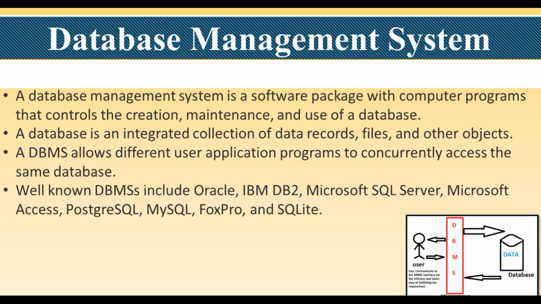We can consider an example. A particular software is meant for storing and maintaining data using a database. At the same time, more than one user can be accessing the same data. That is possible by the database management system, and it is termed concurrency access.